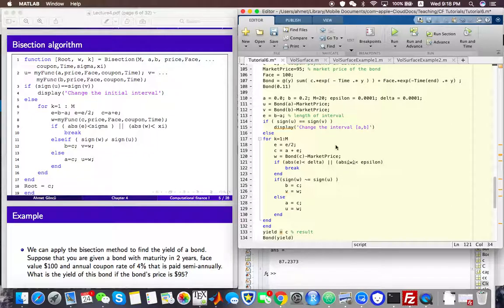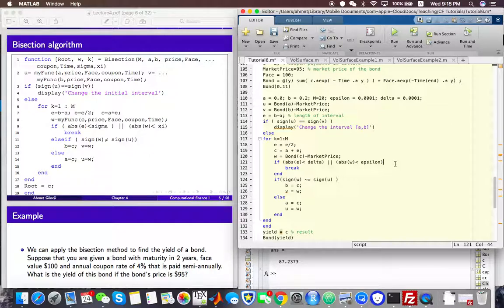Another one is W, which is your function evaluated at this particular midpoint C. If the function is already very close to 0, again, this can be considered as a stopping condition. We are already very close to satisfying the root problem.